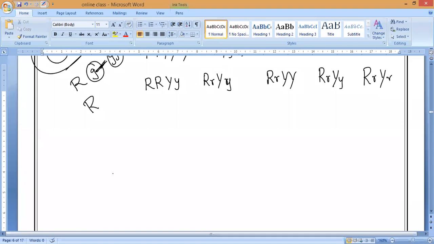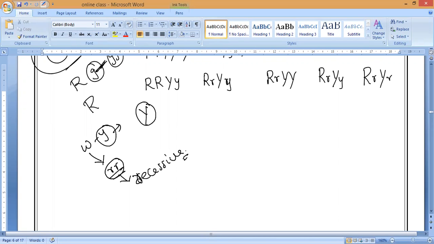Same way, wrinkled yellow seeds: yellow means a minimum of one capital Y should be there, and wrinkled means definitely a pair of small r, because it is a recessive gene. Understand, everybody? A recessive gene always should be a pair. A dominant gene, even single, will dominate.